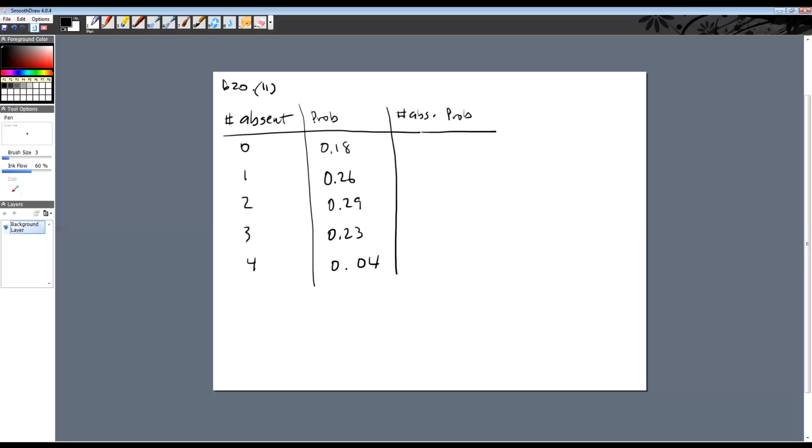we get 0 times 0.18 is 0. 1 times 0.26 is 0.26. 2 times 0.29 is 0.58. 3 times 0.23 is 0.69. 4 times 0.04 is 0.16.